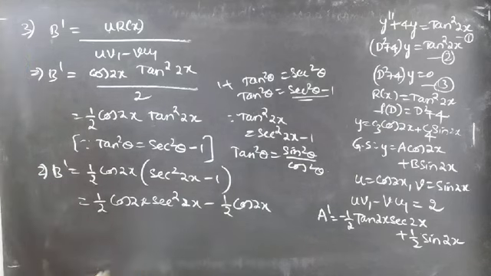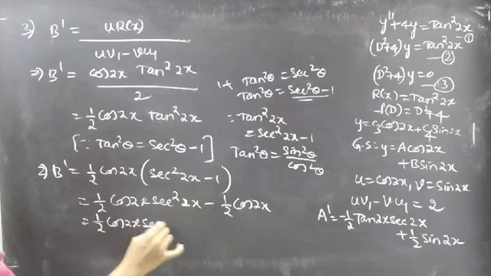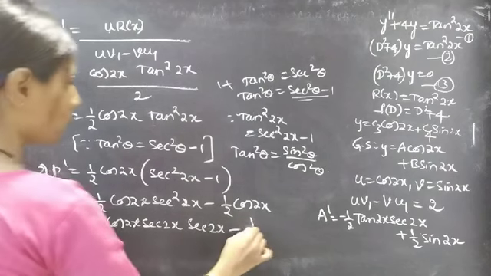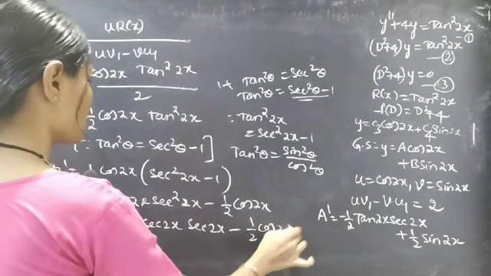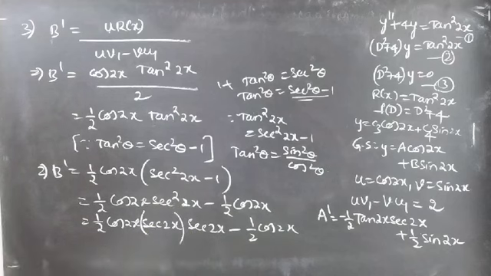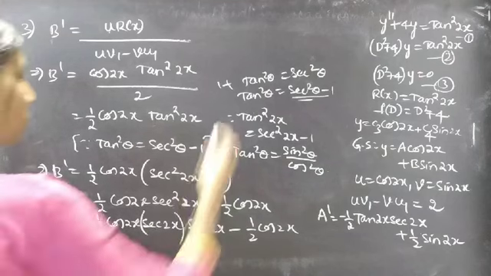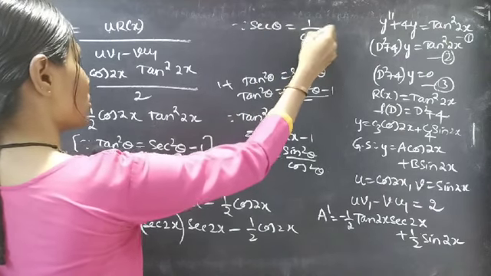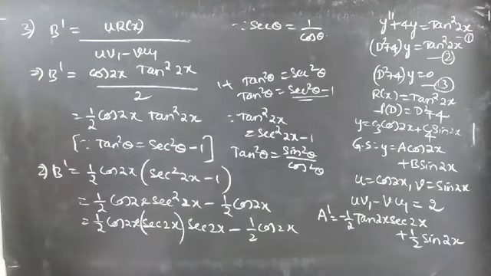Now let's write secant square 2x as secant 2x into secant 2x. This becomes 1 by 2 into cos 2x into secant 2x into secant 2x minus 1 by 2 cos 2x. Let's write one of the secant 2x, since secant theta equals the reciprocal of cos theta, so let's replace secant 2x with 1 by cos 2x.